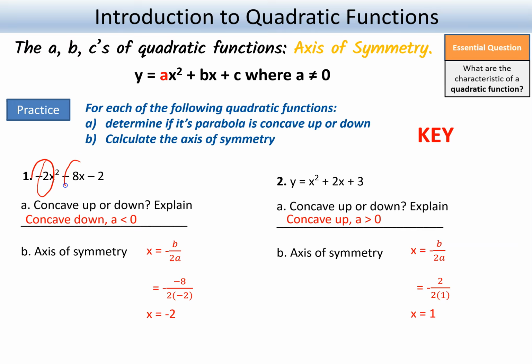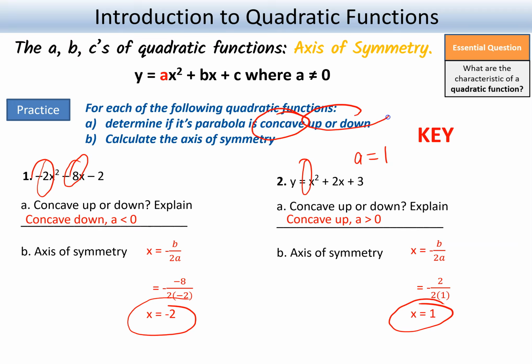Our b is negative 8. Remember to always take that negative sign with you. And our a is negative 2. So our axis of symmetry is x equals negative 2. And we're concave up on number 2 because our coefficient a in this case is equal to 1. And to calculate our axis of symmetry, we get 1. Okay, so that's two characteristics, whether it's concave up, concave down, and what's the axis of symmetry.